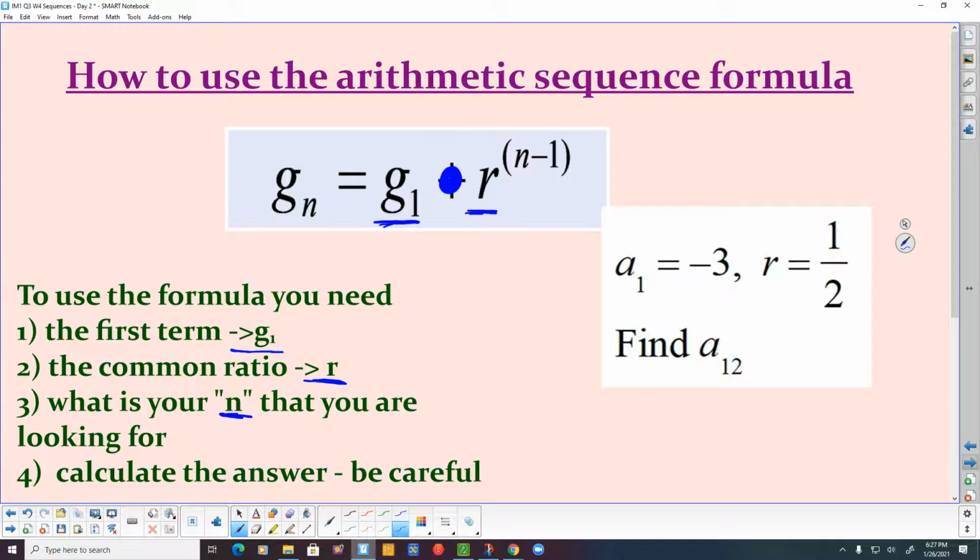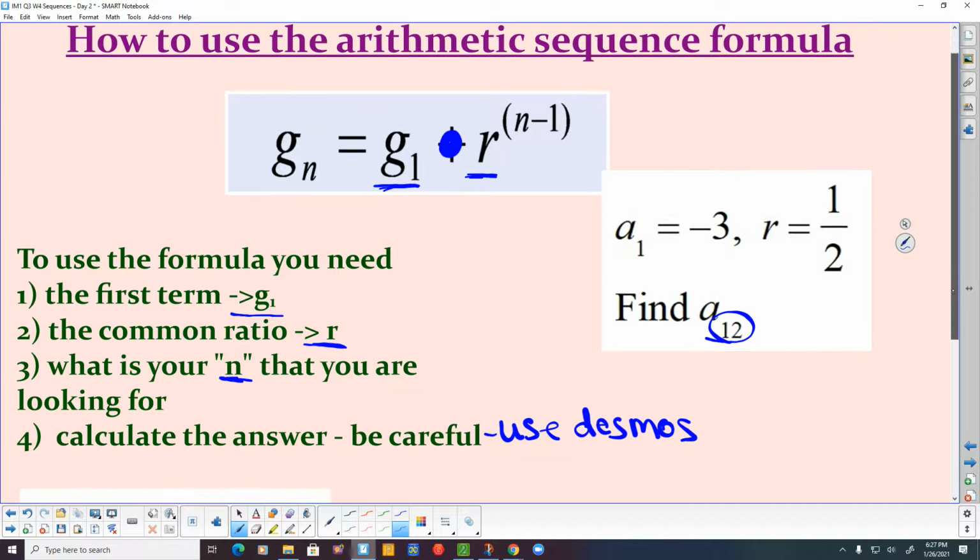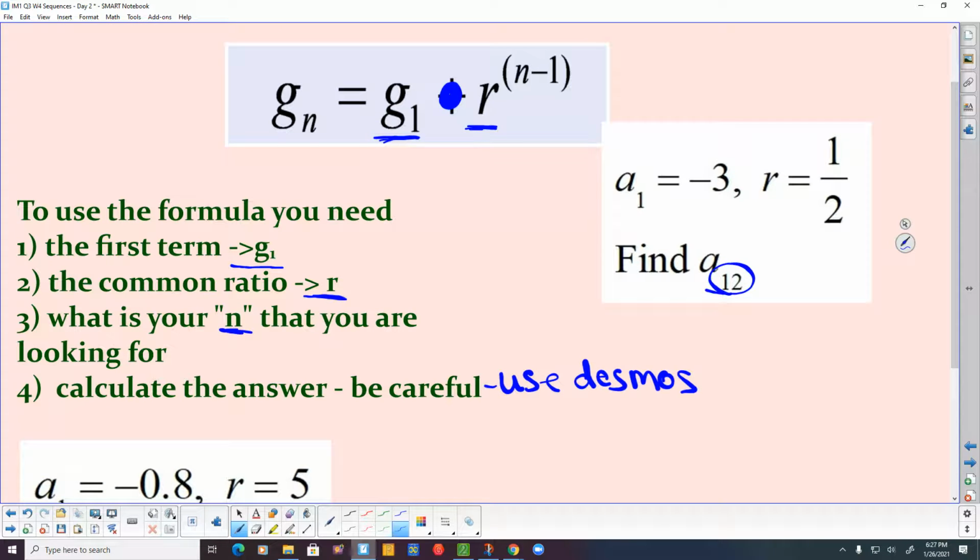They're going to ask you, find the 12th term. Now you're going to calculate. Be careful. Maybe you're going to use Desmos or a scientific calculator. The cell phone calculators do not work well. Most of the time, it's hard to type it in correctly. People make mistakes. So we're going to do it using Desmos.